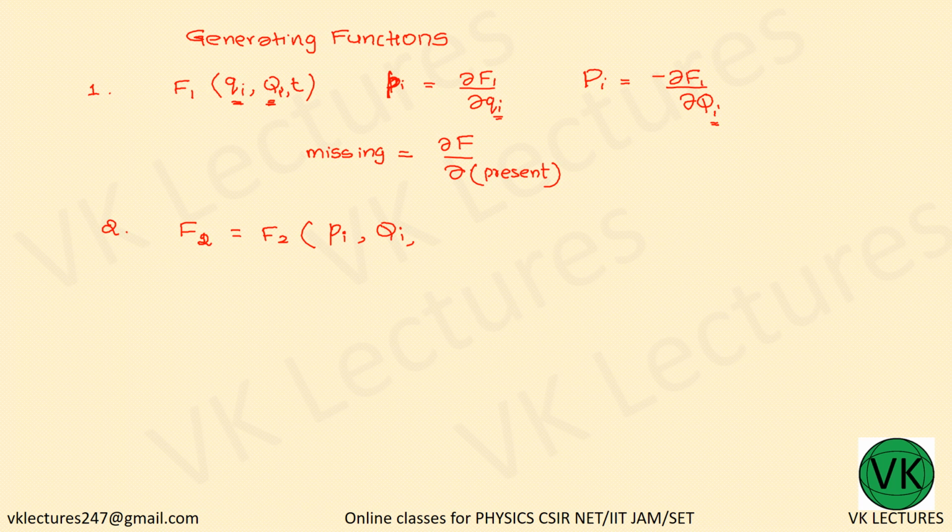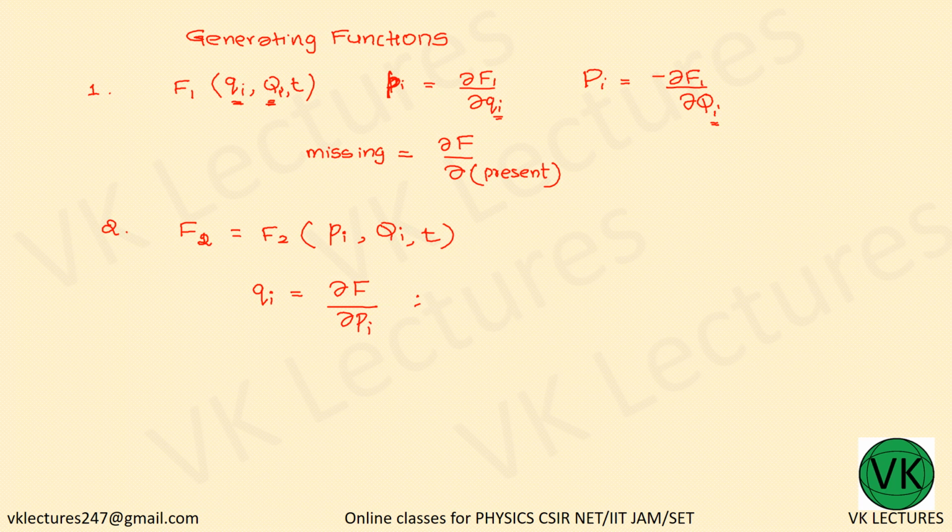Then we have t. Now let us write down what is present. Missing is pi, means small qi is missing, so qi will be equal to dou f by dou present. What is present? Dou pi. So dou f by dou pi.